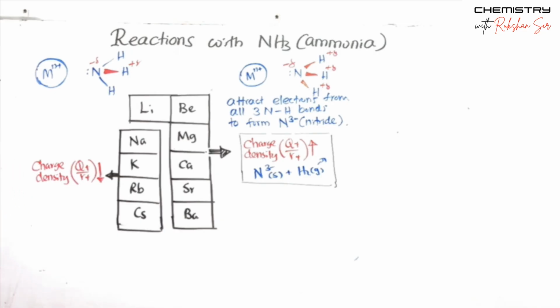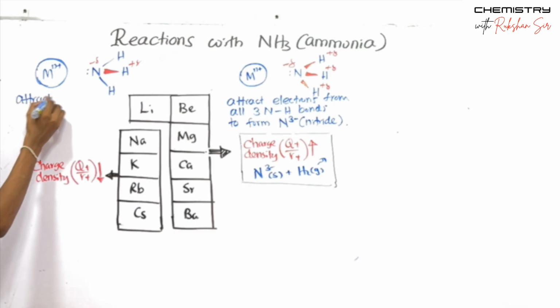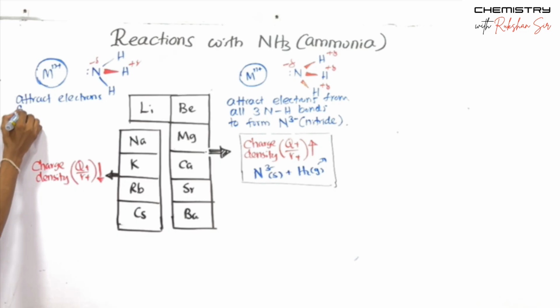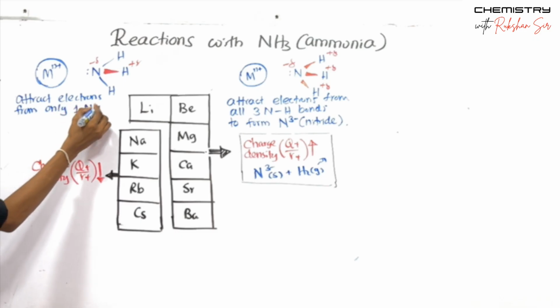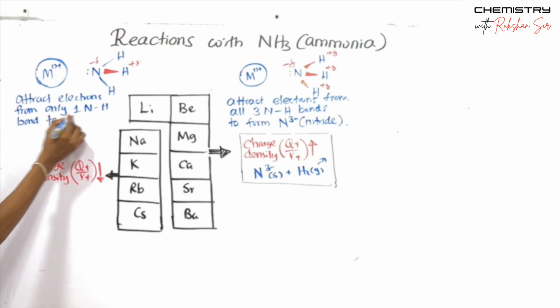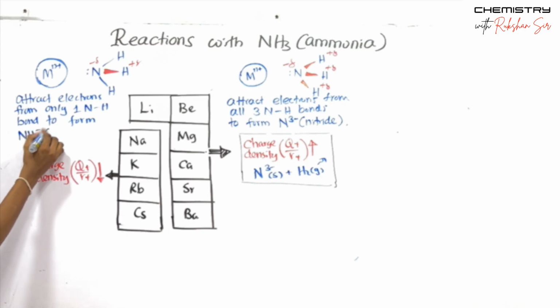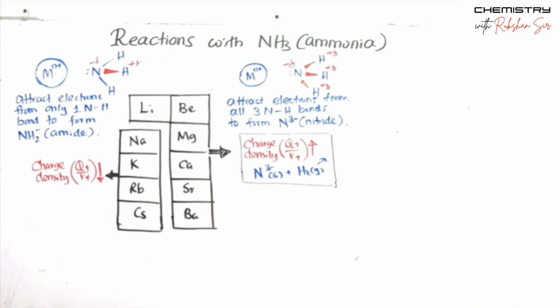So we can say they attract electrons from only one NH bond to form NH2 minus, amide, right?